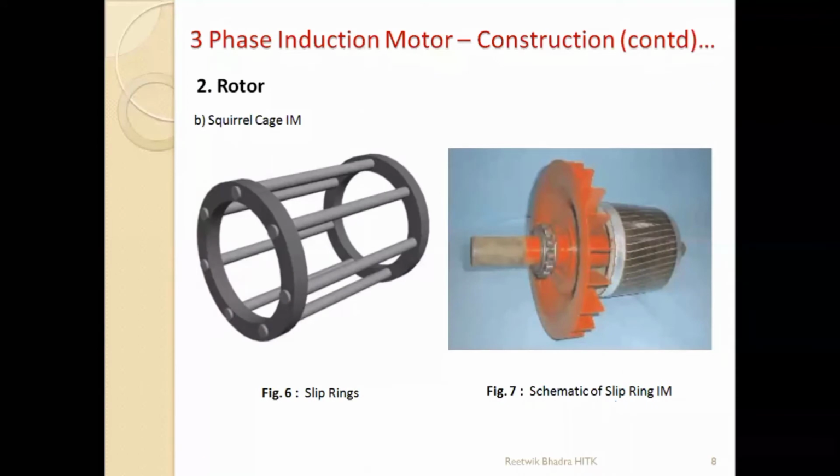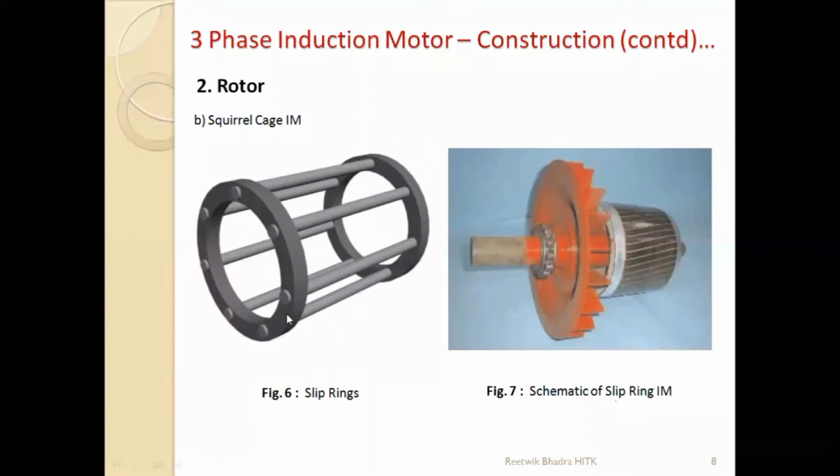Next one is the squirrel cage induction motor. In a squirrel cage induction motor, these are its rotor bars. So solid bars are placed over here, and these are short circuited by end rings, which are also made of copper. These end rings are short circuiting the rotor, making a complete path over here.